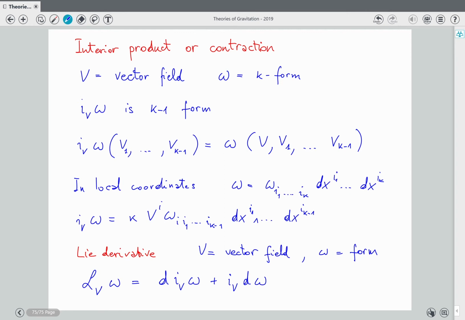So if you have a k-form, the Lie derivative is a k-form, because you lower the degree by 1 unit by means of the contraction, and then you raise the degree by 1 unit by means of the exterior derivative. And here you do the contrary. First you raise the degree by 1 unit by means of the exterior derivative, and then you lower it by 1 unit. So the Lie derivative returns a form of the same degree.